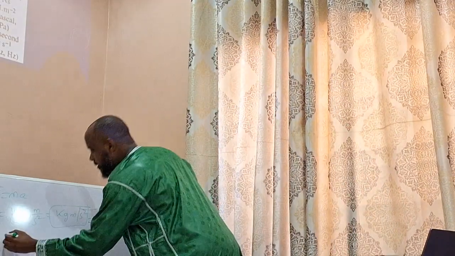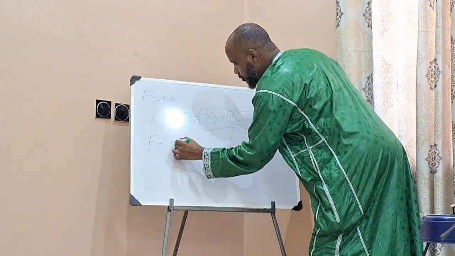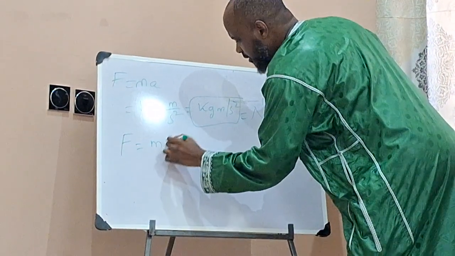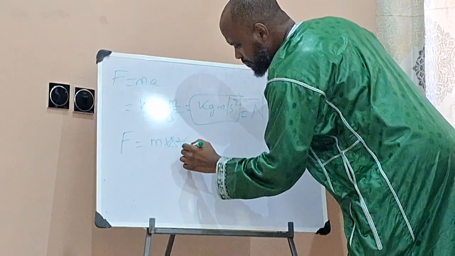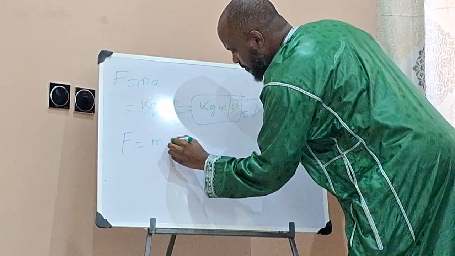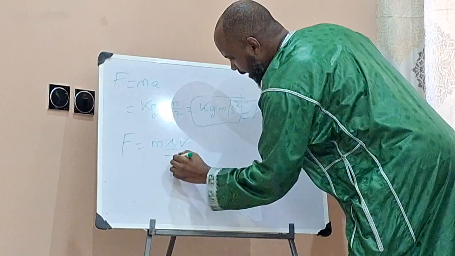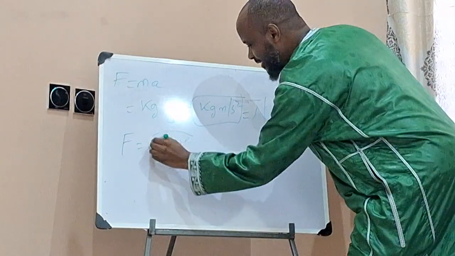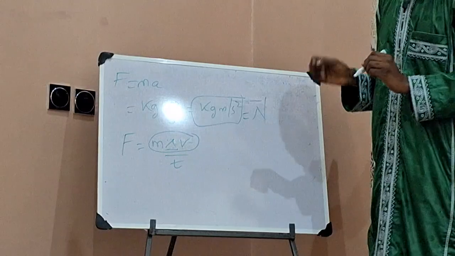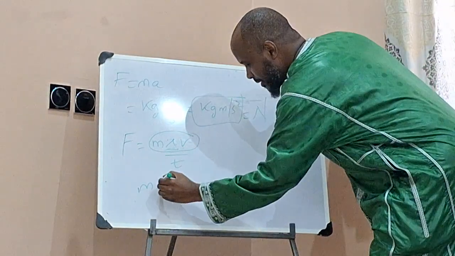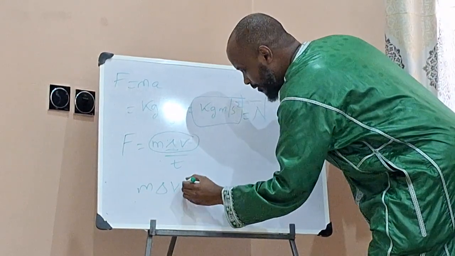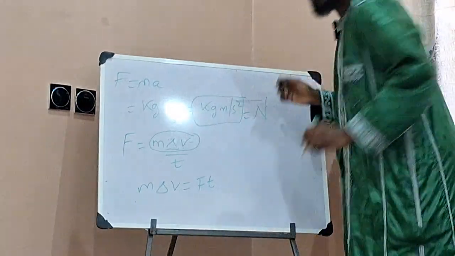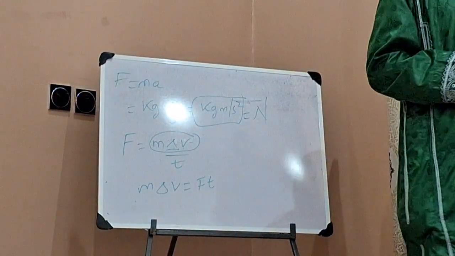From Newton's second law, force can be written as mass times change in velocity per time. Momentum is mass times velocity. So when you have mass times the change in velocity equal to Ft, this is called impulse, Ft.